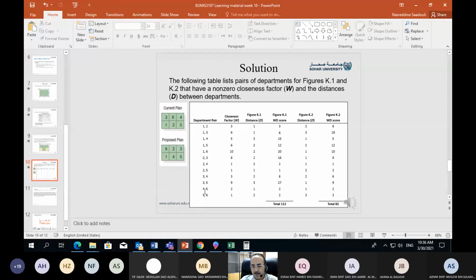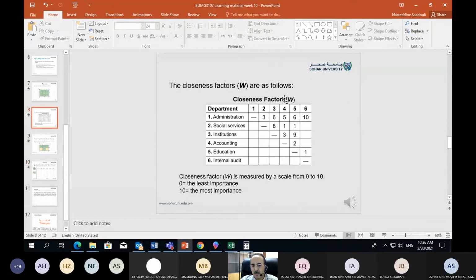Now, where do I get this? The way to obtain these pairs is from the closeness factor table. Okay, because in this it will tell you which departments are paired and which are not. Like when you see here an empty space, it means it's irrelevant.